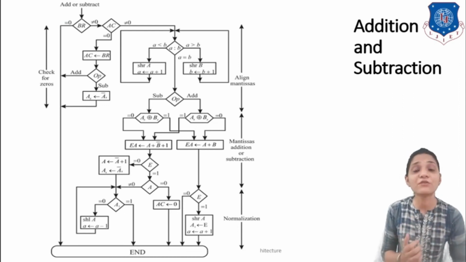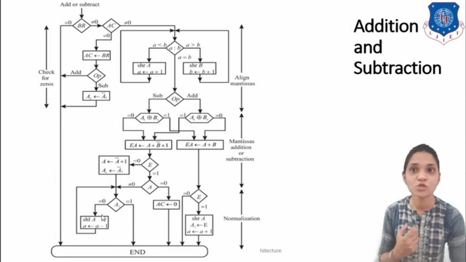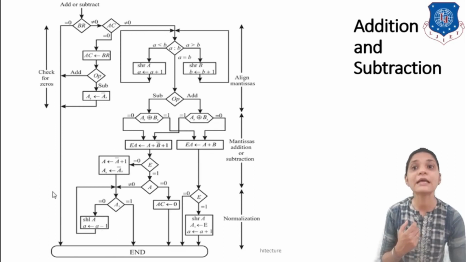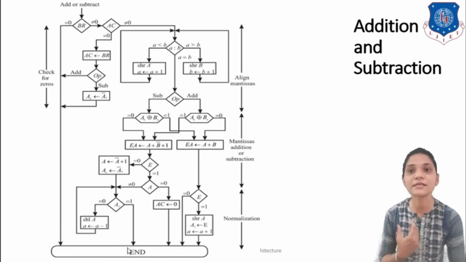We don't know how many times we require to shift it left, but we know that A1 should be 1, so we will shift this A left side and decrement the exponent by 1 until this A1 becomes 1. When A1 becomes 1, your result is generated, and that is inside the accumulator.